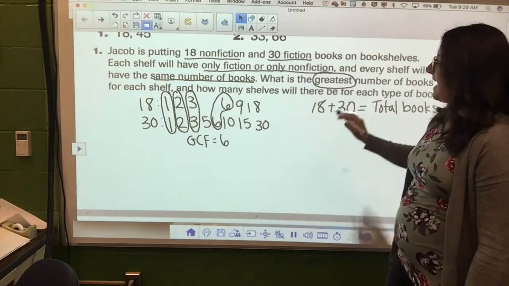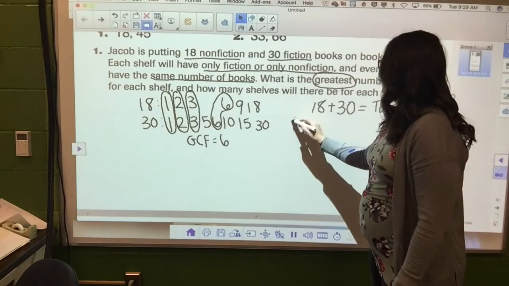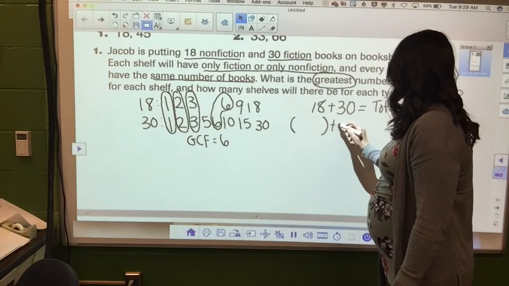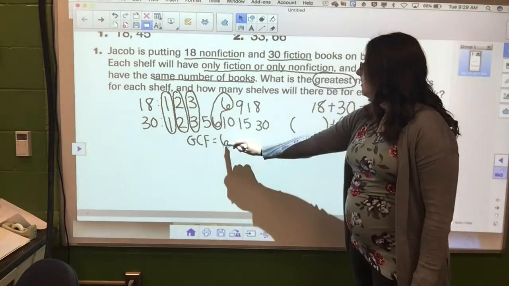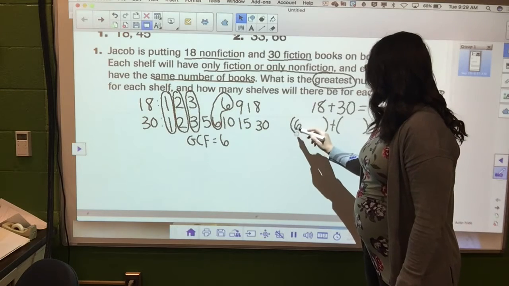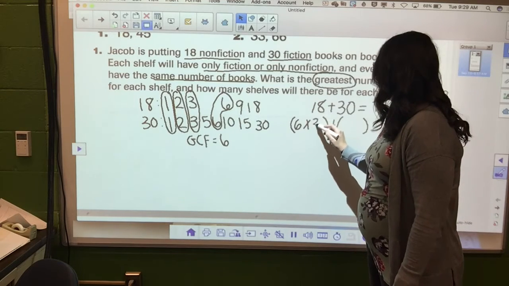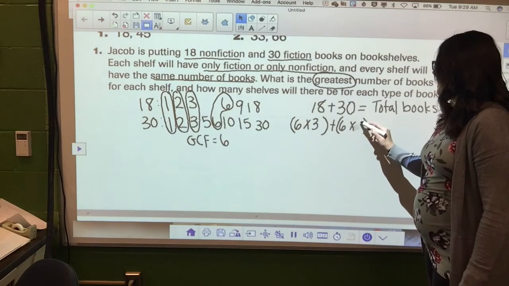We have to break down our numbers into multiplication problems, like we did yesterday, using the GCF as one of the factors. So 18 is broken down to 6 times 3. 30 is broken down to 6 times 5.